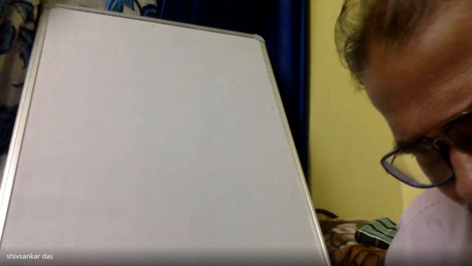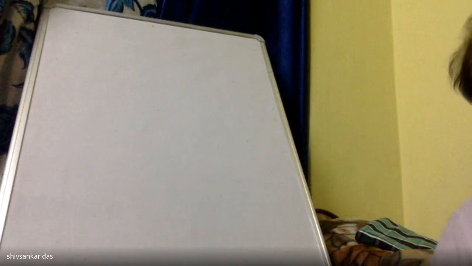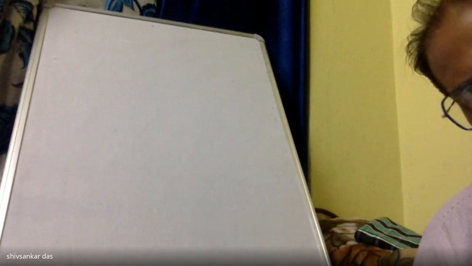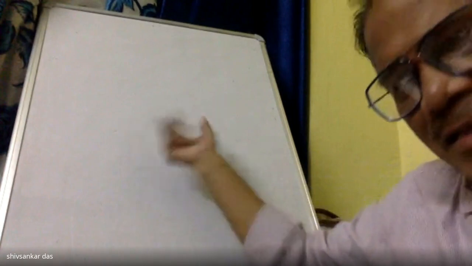Anything can be an event. Suppose when I am tossing a coin, that's also an event. When I'm rolling a dice, that is also an event. When I'm playing a card and putting a card on the table, that's also an event. Anything I'm writing over here is an event.